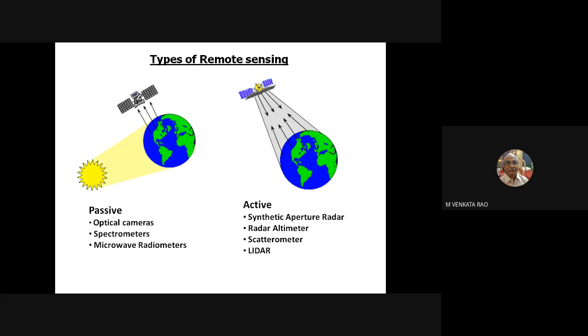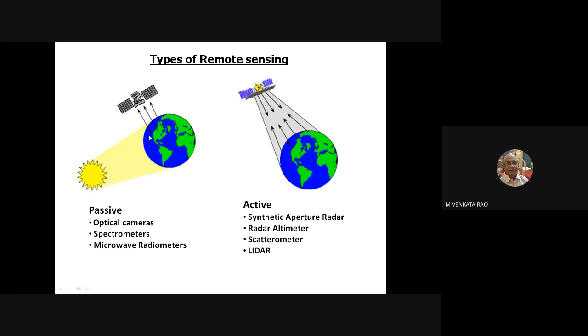Basically there are two types of remote sensing. Last time I explained, the main source of energy for illumination of the Earth is the sun. That is called passive remote sensing. We take the energy falling on the Earth, and it is getting reflected. Of course, part of it gets absorbed.